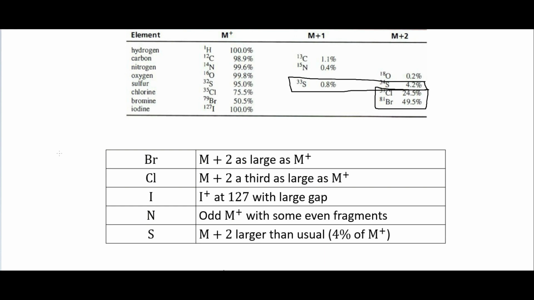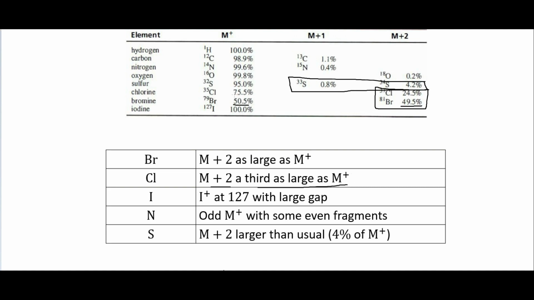And so when we have bromine, we will have an M+2 peak that is the same size as our molecular ion. That's because bromine-79 is about 50% and bromine-81 is also around 50%. So those two peaks will be roughly the same size, whereas with chlorine we have an M+2 that is a third the size of the M+ peak.